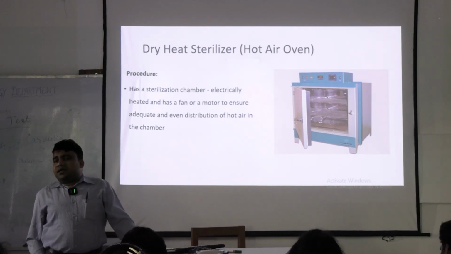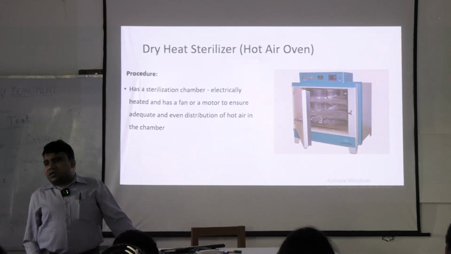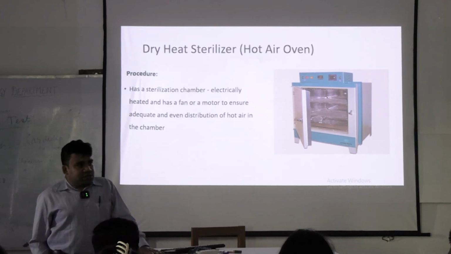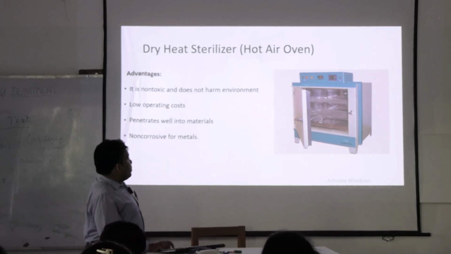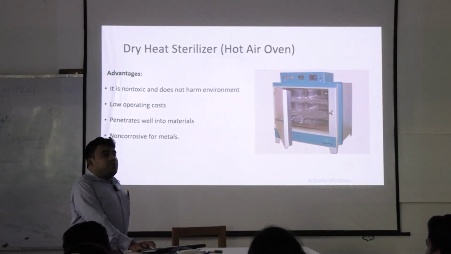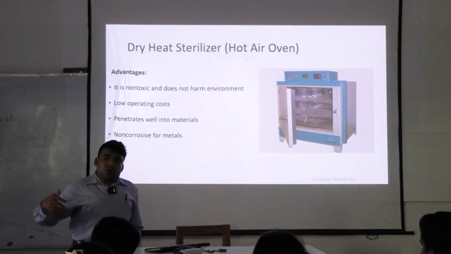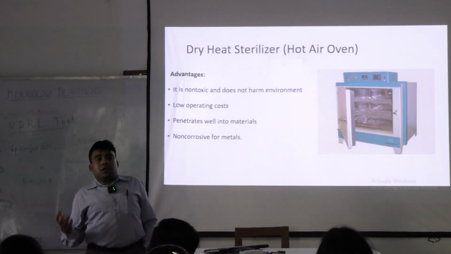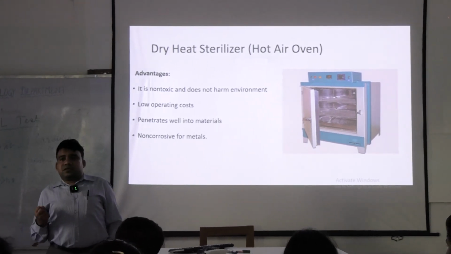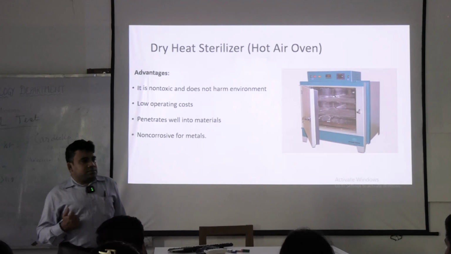During that time, the high heat will denature the proteins within the microorganisms, thereby achieving sterilization. These are used especially for materials which can withstand high heat. I am talking about 180, 200, sometimes 210 degrees centigrade. So you need materials which can withstand high temperature. Commonly, glassware is sterilized this way.